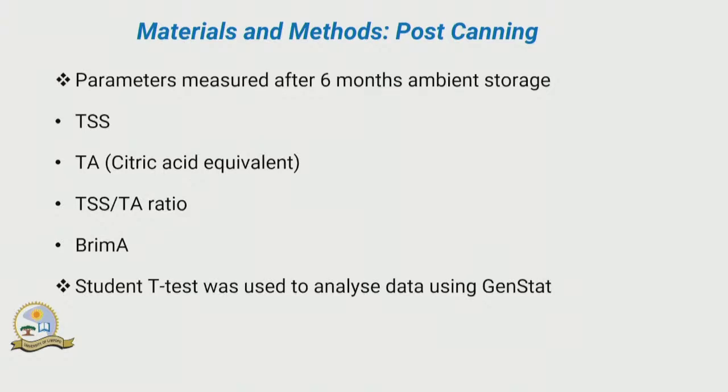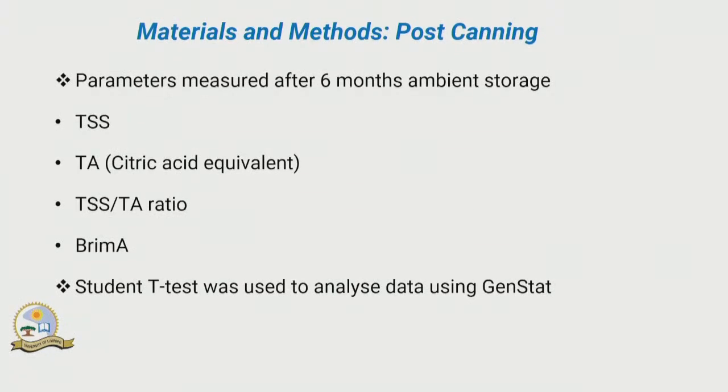post-canning, we determined the total soluble solids, which is normally used to indicate the sweetness of the fruit. We also determined the titratable acidity, which we transformed into the citric acid equivalent. We also determined the ratio of the TSS and the TA.